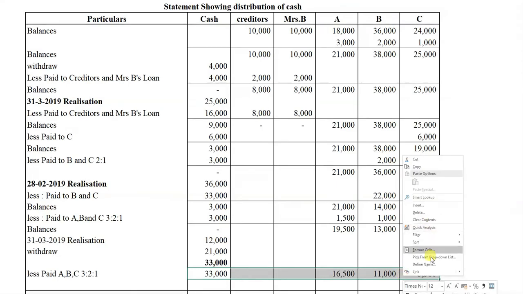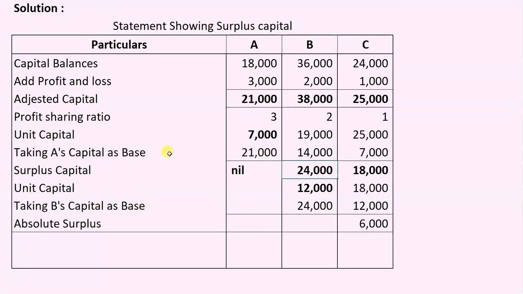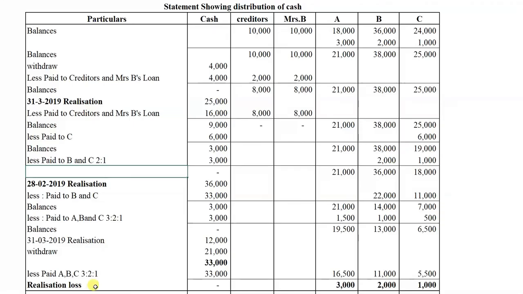After subtracting it, the cash balance remains 0. Here is 1,000, 2,000 and 3,000. This is realization loss. So we have solved this problem. Firstly, we have calculated the surplus capital and then the piecemeal distribution of the cash. Thank you.